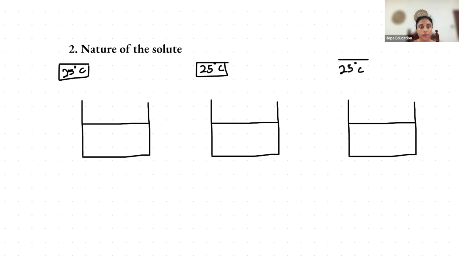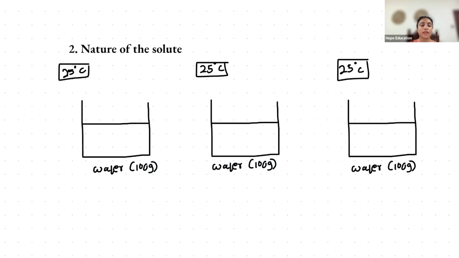And this is all water, 100 grams in each. When I dissolve NaCl, I can see the maximum mass of NaCl that dissolves in 100 grams of water at 25 degrees Celsius is 36 grams.